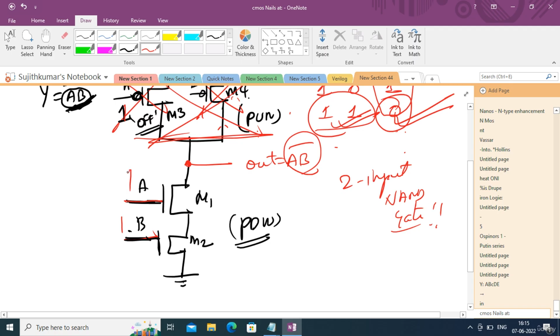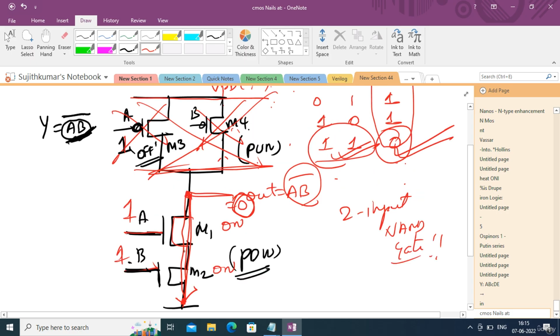Here when you give the same 1 to the NMOS, both the NMOS will be on. So there is a direct connection to ground. When both transistors are on, it is shorted, so the output will be 0, because there is a direct connection from the output node to ground. If the PMOS were on, there would be a direct connection from the output to the VDD line, the 5 volt line, and the output would become logic 1.